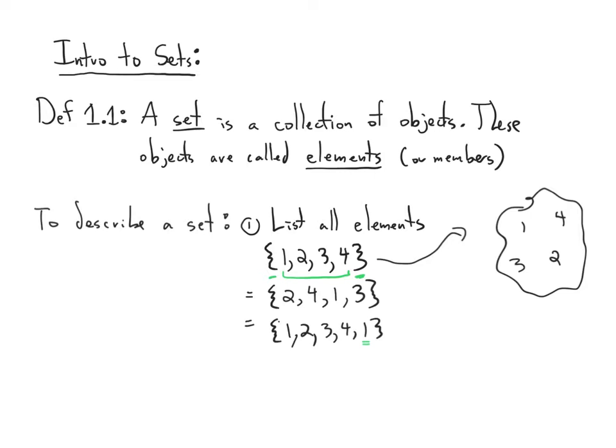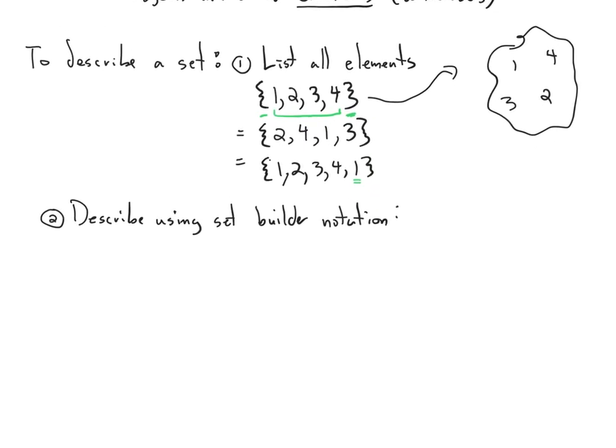The second way is describing the elements. And we usually do this using something called set builder notation. And I'll explain what that is. So let me scroll here, get a little more room.